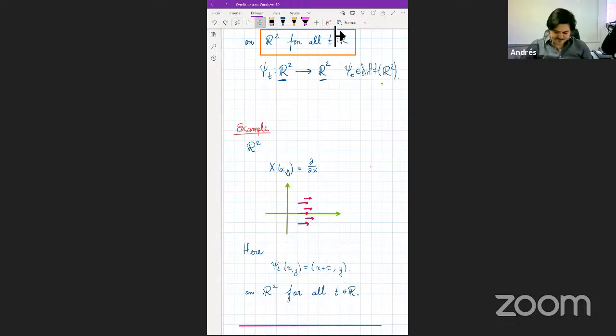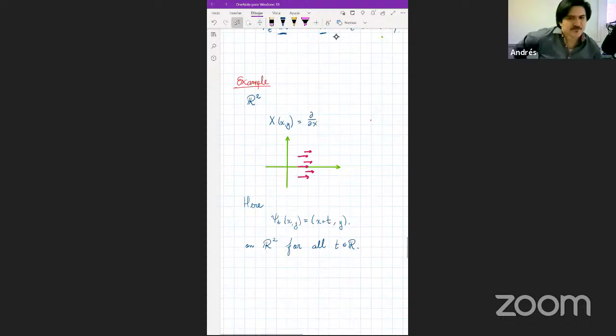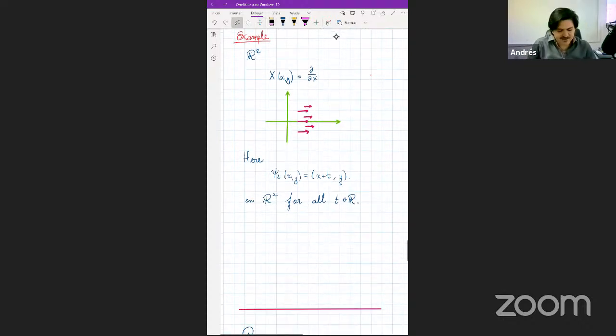Now, when we saw this example last class, I made a slight modification just to understand the domain of the integral curve.